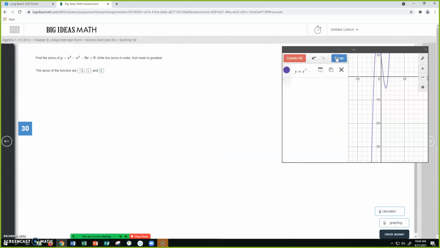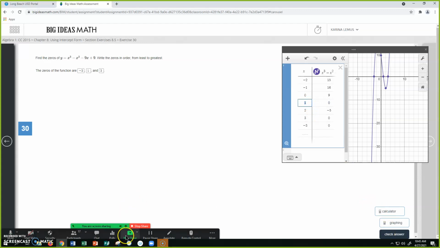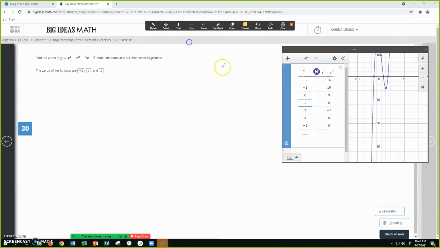By the way, you could also pull up the table, and anytime this is equal to 0, so notice they don't have negative 3 in there, so 3 is another 0, and so is negative 3. So you can see the zeros right here. That's a 0, this is a 0, and that's a 0. Okay? So when you're saying something is a 0, it's where the y value is equal to 0.